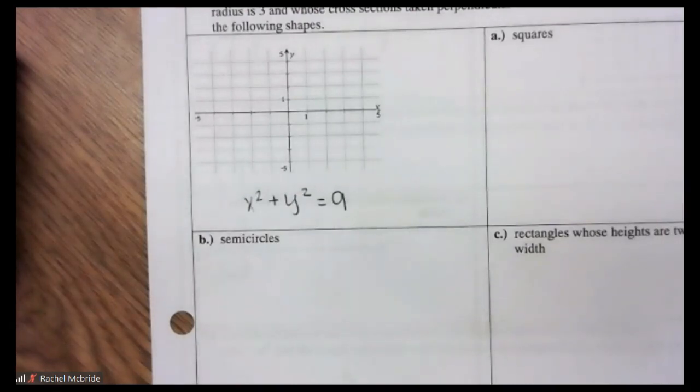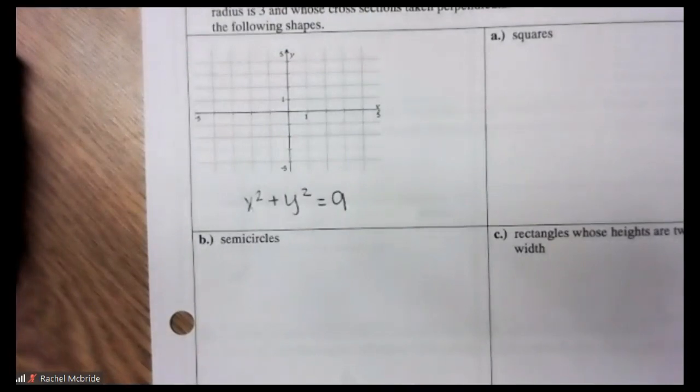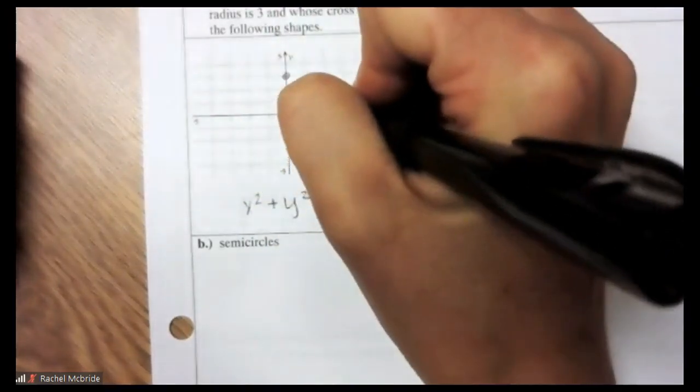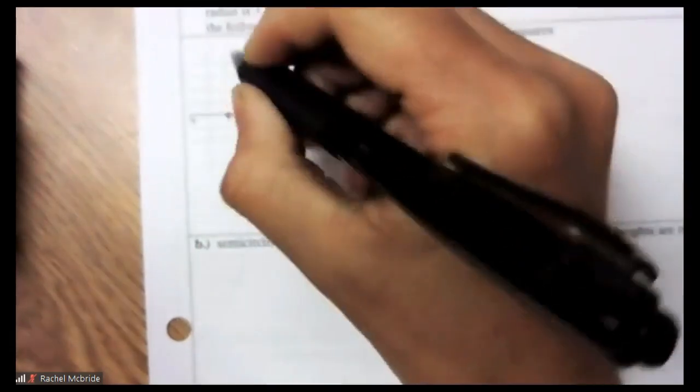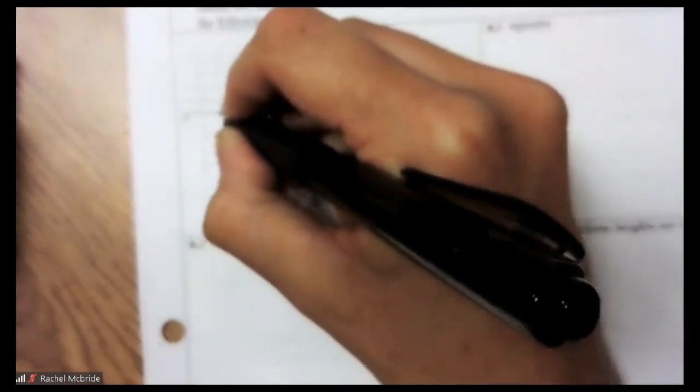Then I would sketch a circle of radius 3. And then I would start to think about my equation.